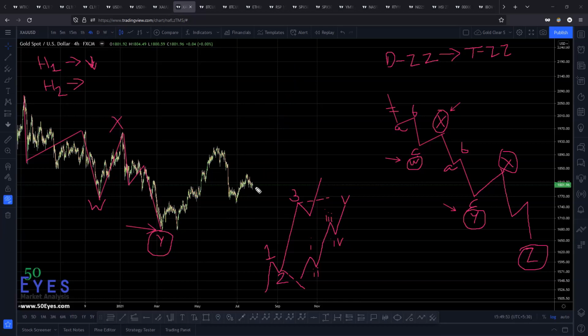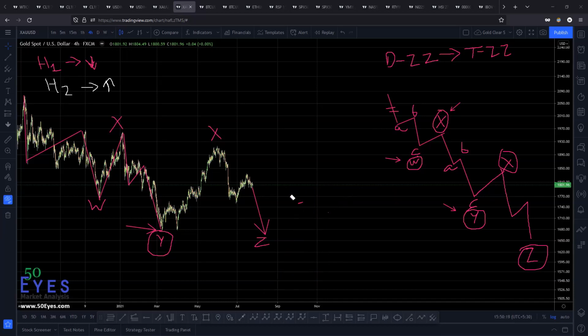H1 is suggesting more downside. Second scenario, let's take the color white for it. H2 is suggesting upward movement, and H2 is an impulse up.